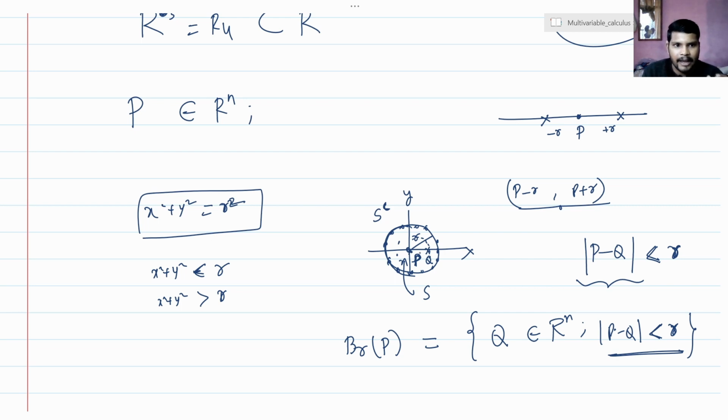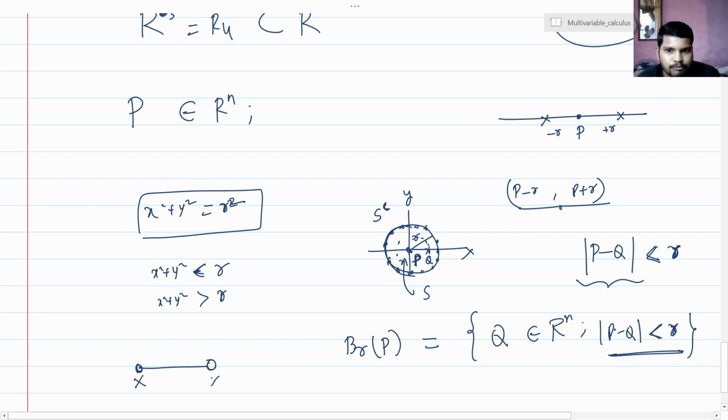All right. So if any point is inside the boundary, then we can call the set an open set. It is not on the boundary, it is inside the boundary. Let us say this is a line. If you are excluding these end points, then we can say that it is an open set.